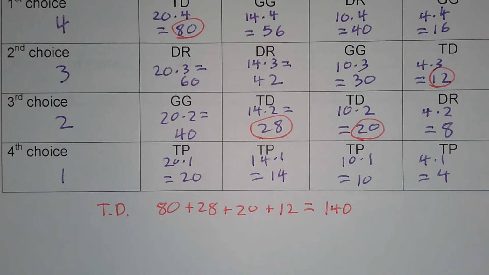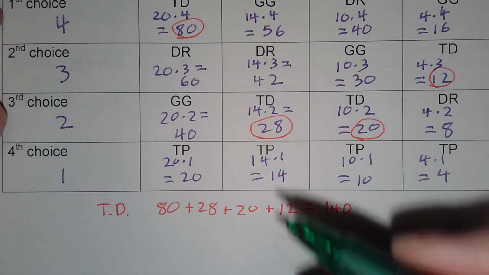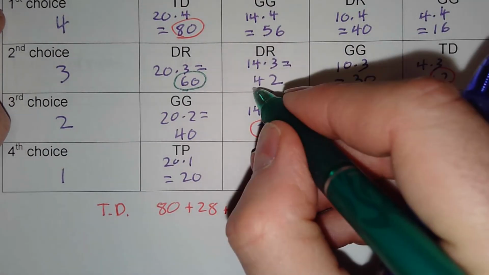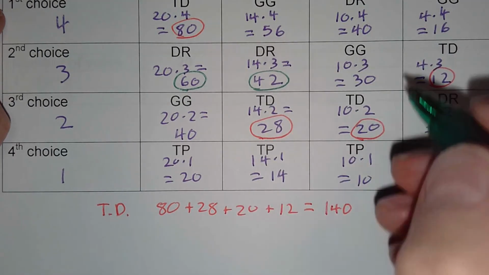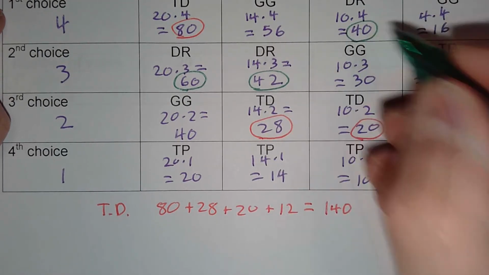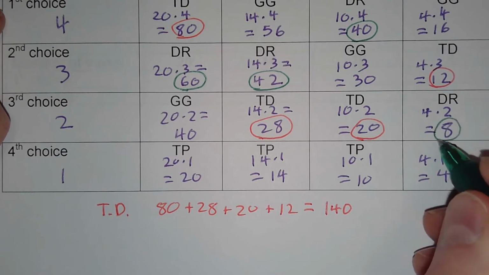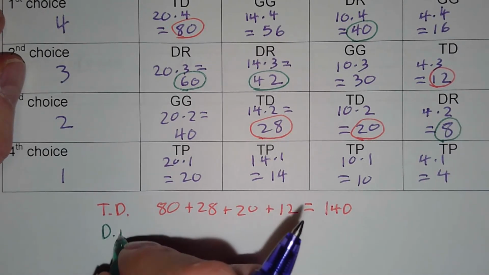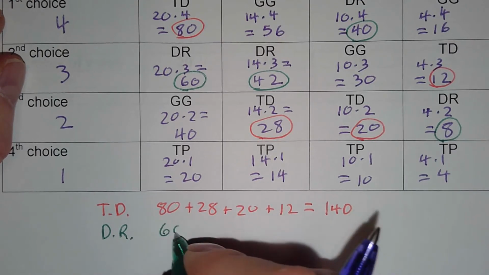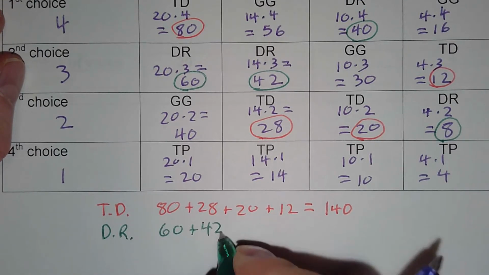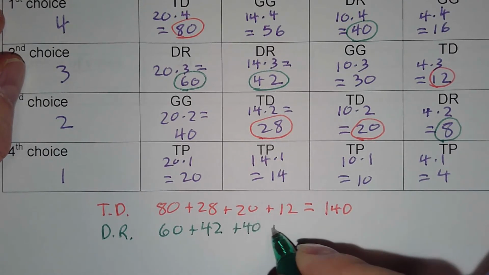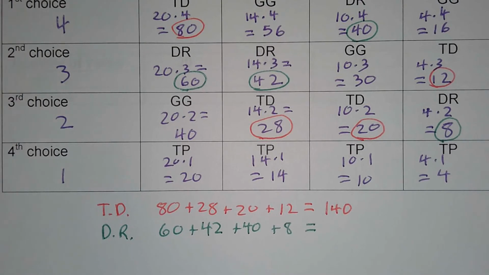All right, so next I'm going to look at David Robinson. It's got 60, 42, 40, and 8. And if we add those up, that should be 150.